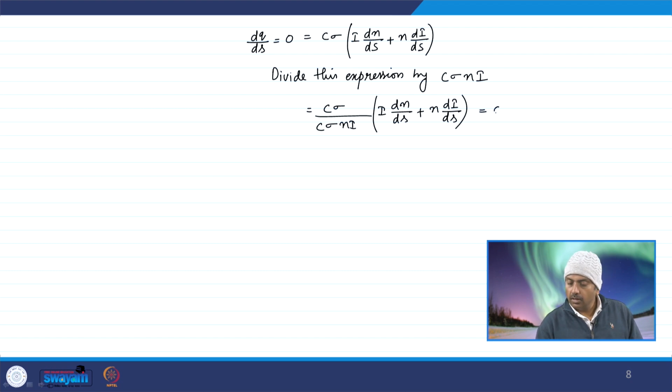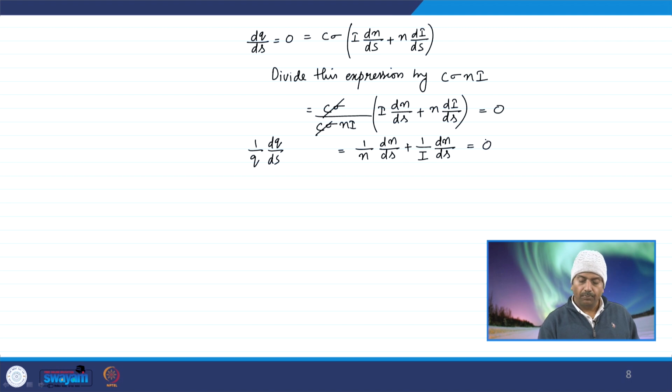This should be 0, okay, or this goes inside. So, it will be 1 by n dn by ds plus 1 by I dI by ds, or if you still have this on the left hand side, which is nonetheless 0, you are just going to write 1 by Q dq by ds, which is obviously equal to 0.